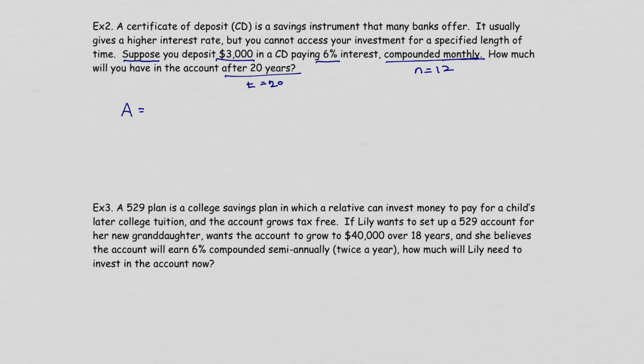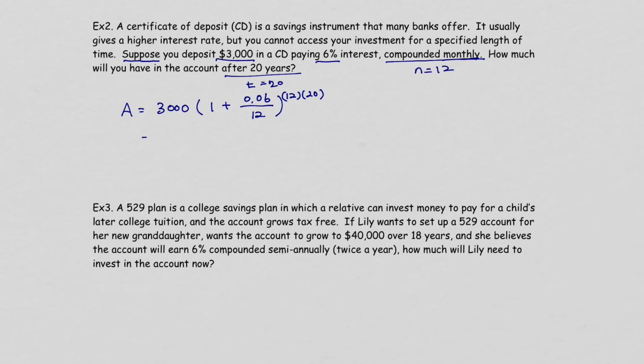So when we replace it into the formula, principal times 1 plus interest, 6% becomes 0.06, over n, which is compounded monthly, to the t exponent, right? So it will be 12 times 20 exponents.